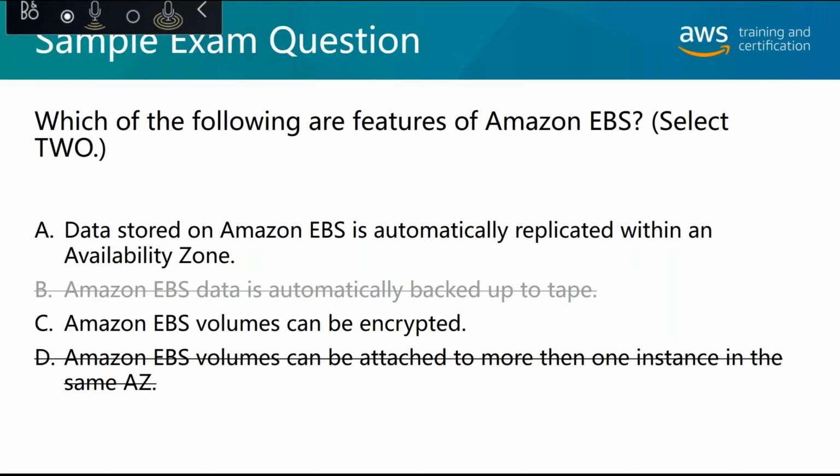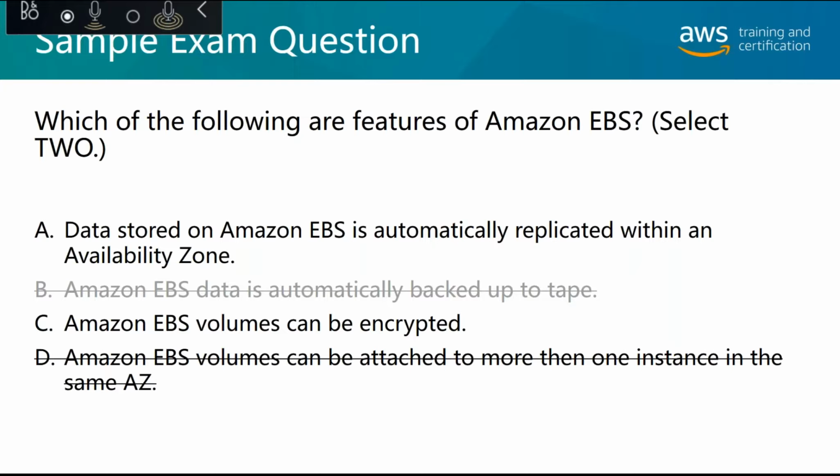Now, EBS volumes are not automatically backed up to tape. It's up to you to take snapshots, and we do have the option to set up a snapshot policy, kind of like a lifecycle policy. So you could set that up and have snapshots, and the snapshots will sit in S3. S3 sits in the region. So snapshots are usually sitting in S3.